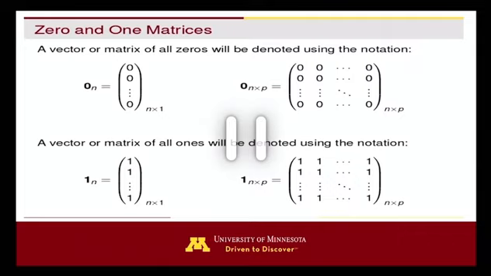By the time we start multivariate normal, we're going to make use of that. Now, this is zeros in matrices, where all the entries are zeros. And here, ones.